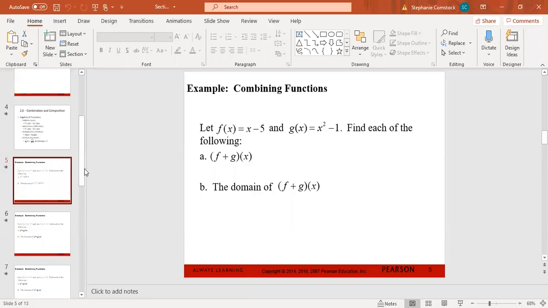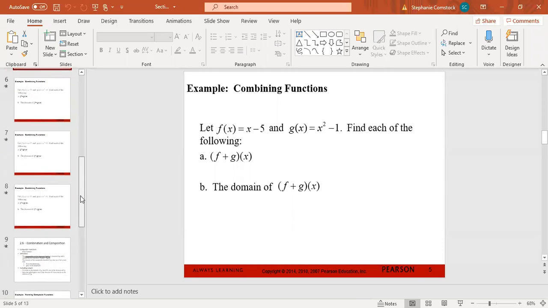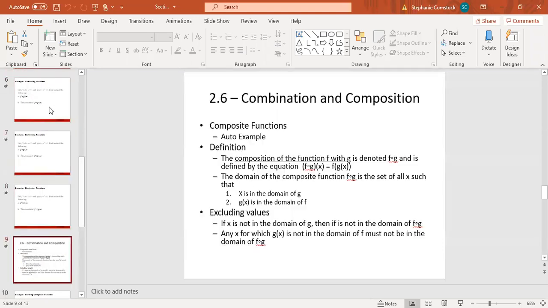So now, let me get down here. That was the subtract, multiply and divide one. Now the next topic that we're going to look at is composition, composite functions.